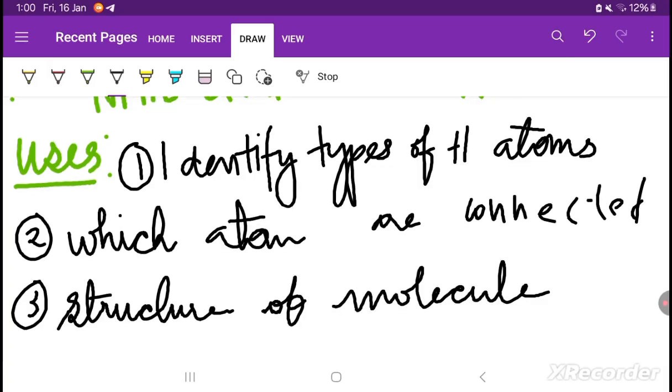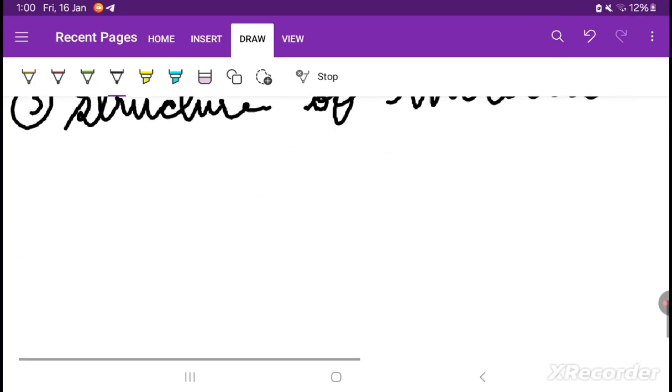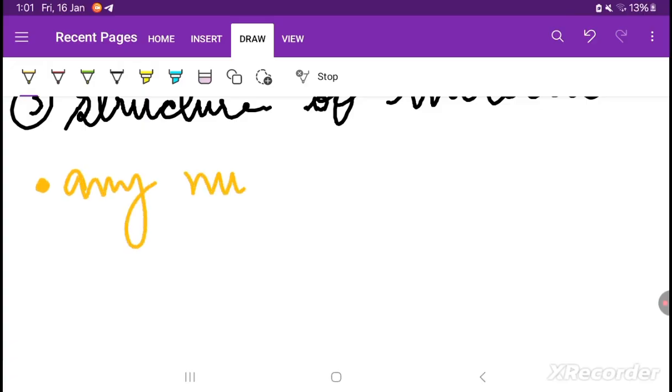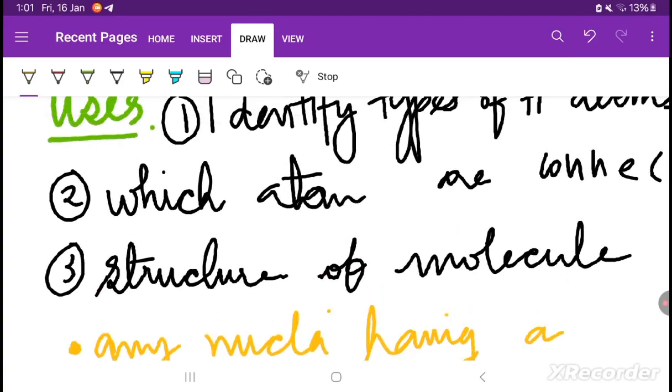So which nuclei can be used? The nuclei which can be used are any nuclei having a non-zero spin. This is the same as what we have written here.